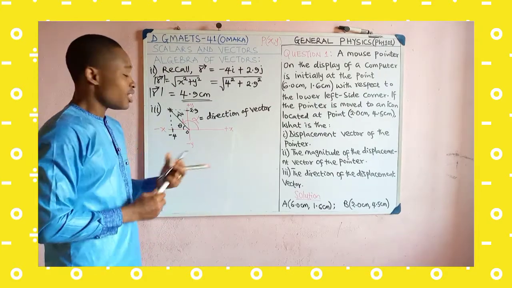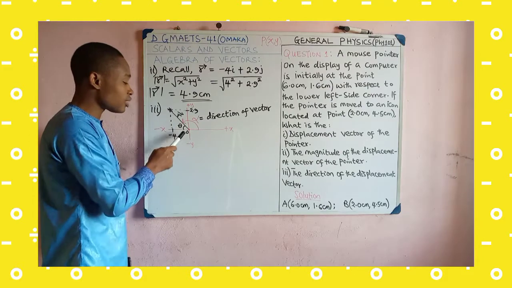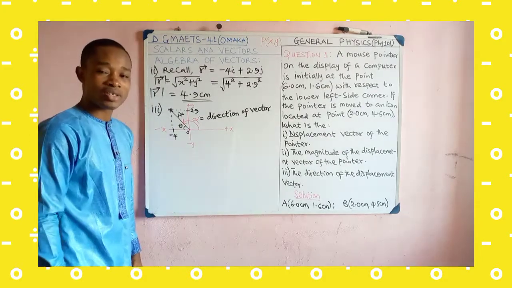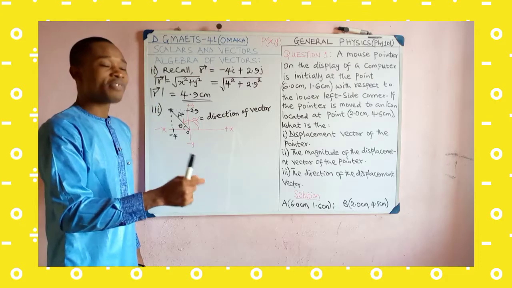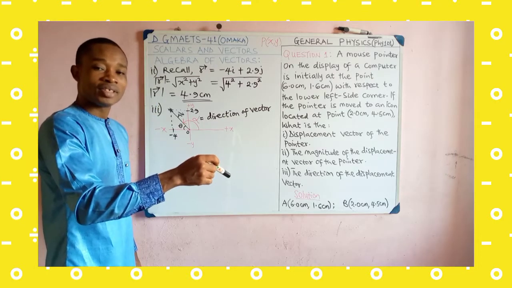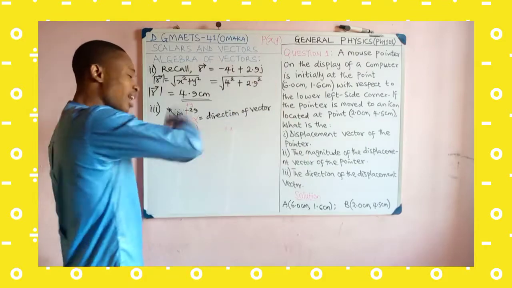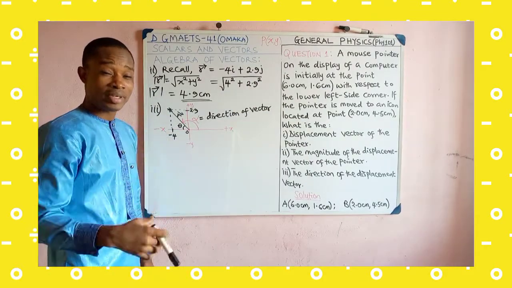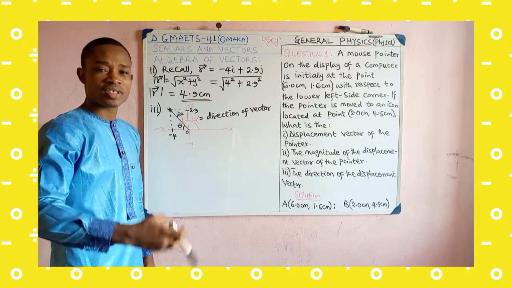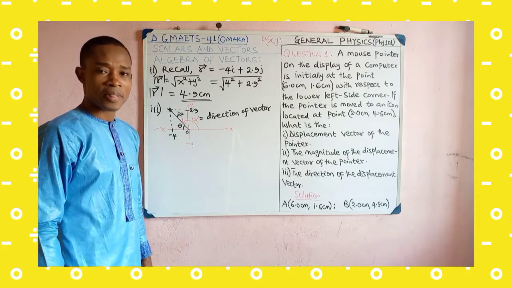Apart from that, if the displacement vector is in the second, in the third, or in the fourth quadrant, please always remember, whenever you calculate theta, you have to measure the angle of the vector from positive x-axis down to the vector itself. Then do some form of plus or minus, as the case might be, either using 180 degrees, 270 degrees, or 360 degrees. Is that okay?